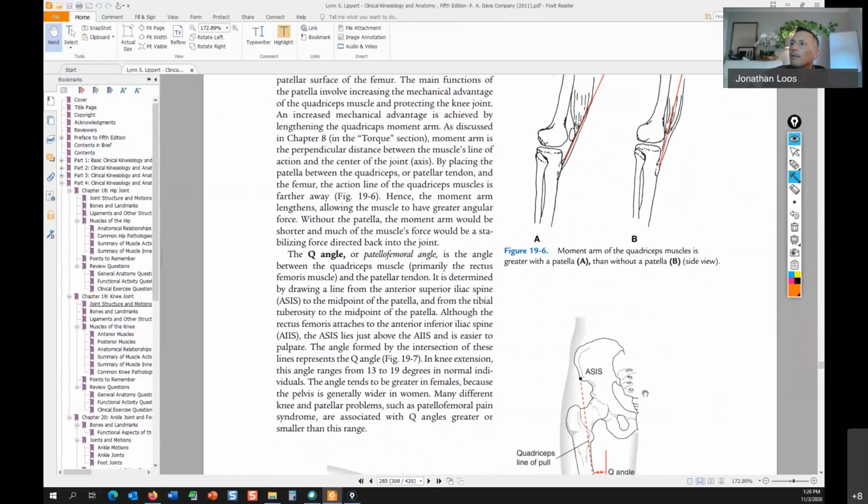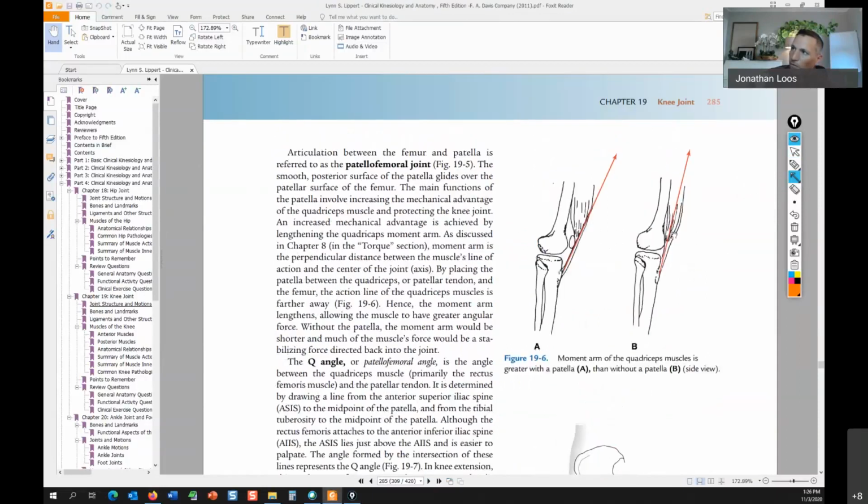That's weird. Okay. Well, anyways, if the patella wasn't there, that would be jamming up here, but you can see that angle is coming out a little bit, so the line is pulling this out. So you're actually getting what you normally see as knee extension. So it can actually come up and do its job from that position. So the patella just acts as a pulley to change that angle a little bit to allow that to happen.